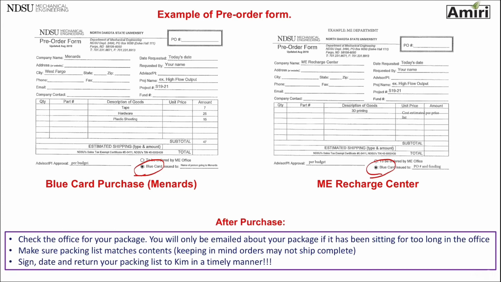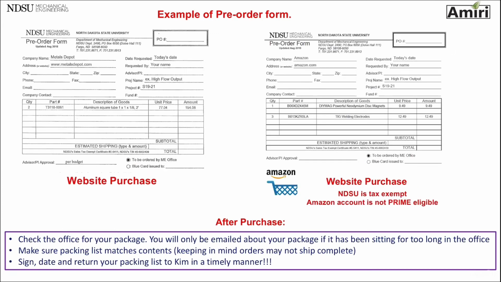They're available on the MEM website. Here's another example for you. These are from websites, and as you can see, these are going to be ordered by the MEM office. One is purchased from Metal Depot, and the other one is from Amazon.